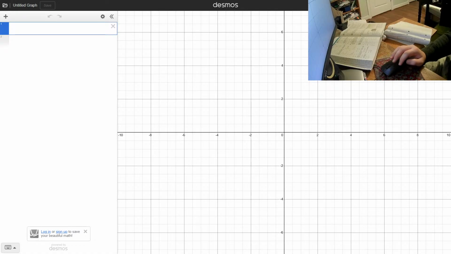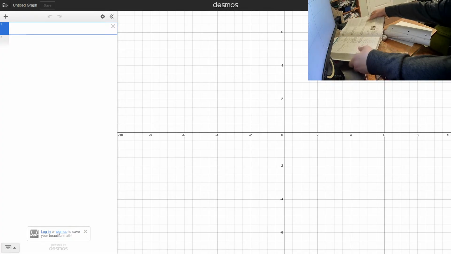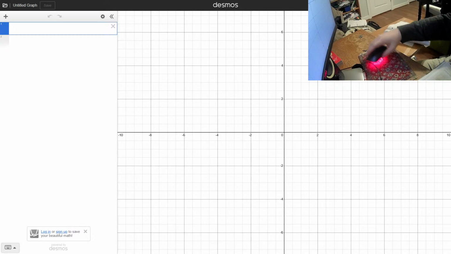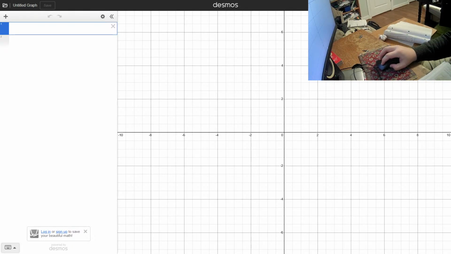Okie doke, so I'm doing sequences and series today. This is sort of a review because this is technically material that you go over in Algebra 2. However, it has been a while, and I was very tired the day it was taught, so I don't have the best grasp on this at the moment.